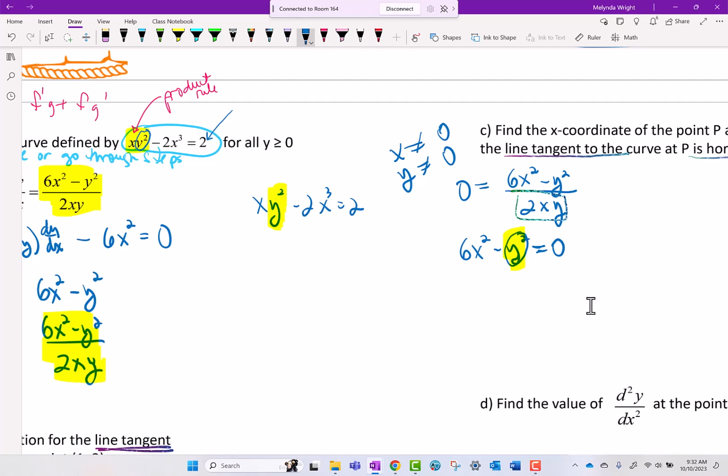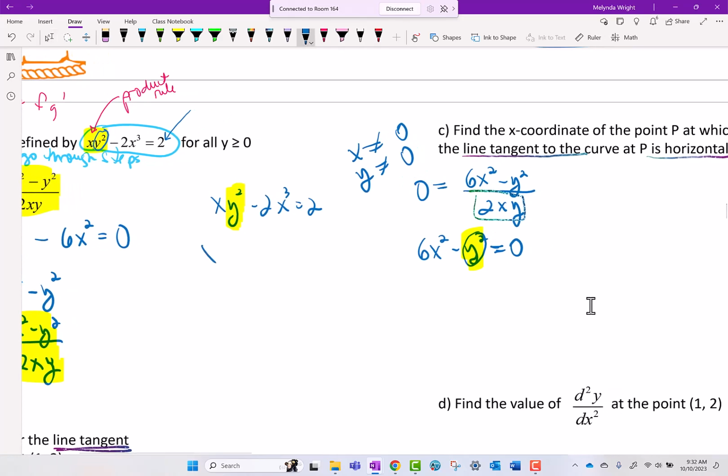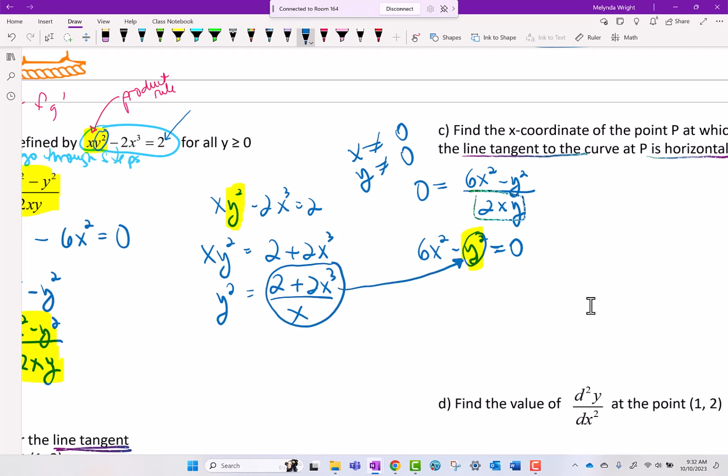So we're going to solve for y squared. So I've got y squared equals 2 plus 2x cubed. Okay, so I'm isolating the y squared. I'm going to divide both sides by x. So this is what I've got. Now I'm going to take this and I'm going to put it right there because that's what y squared is.